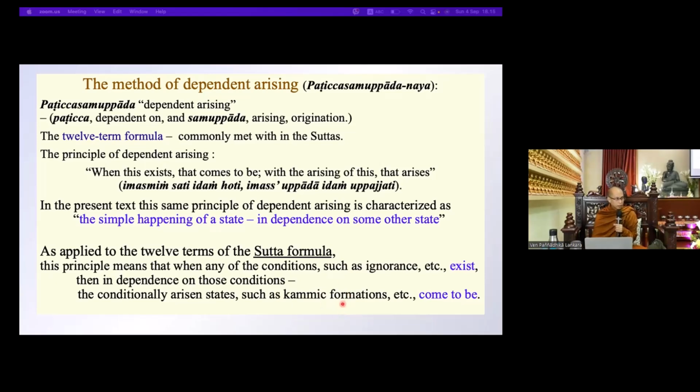Due to ignorance, karmic formation arises. In this way, based upon the 12-term formula, the dependent arising method explains the connection of cause and effect, or condition and conditional state, pointing out a single condition and a single conditional state.